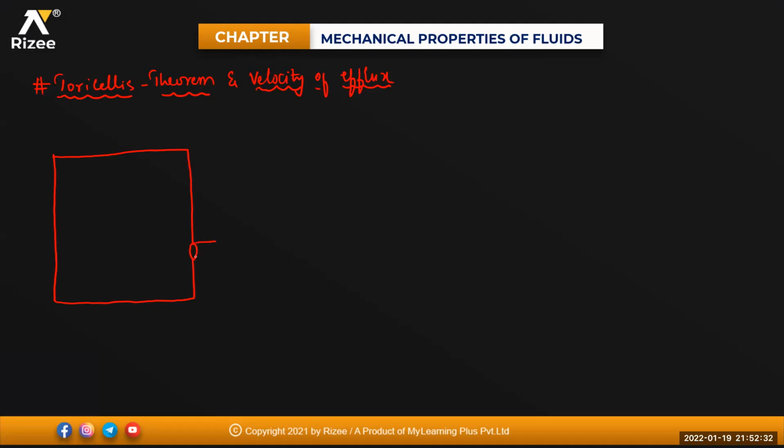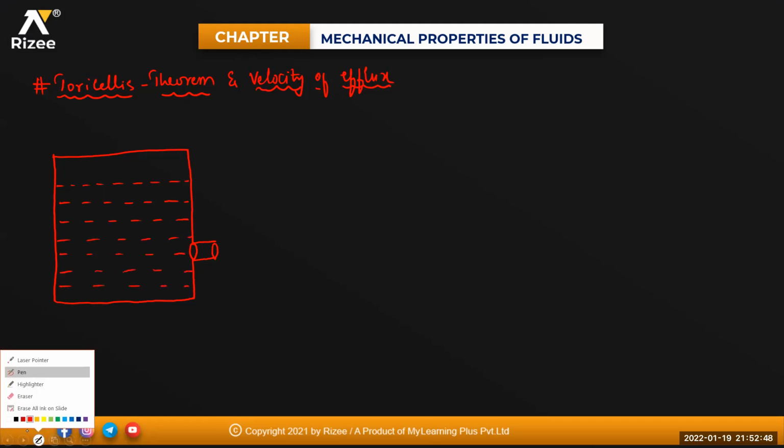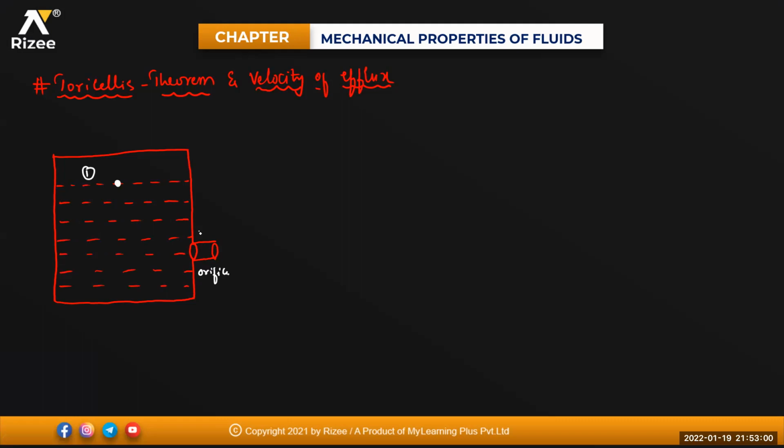From this one, the liquid has been coming out, and the liquid is being filled in this one up to this side. This opening is called the orifice. At this one, I'm taking point 1, and this one I'm taking as point 2. This one is at a height of h.